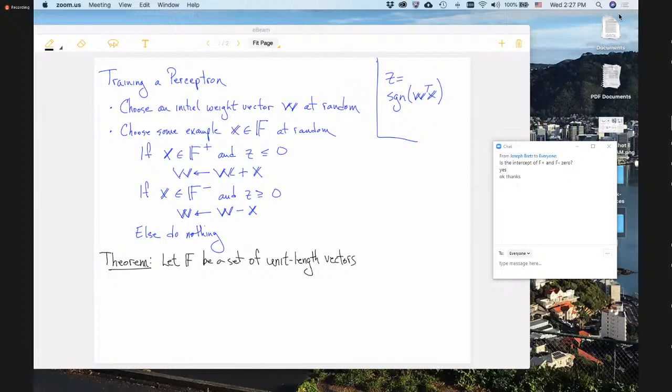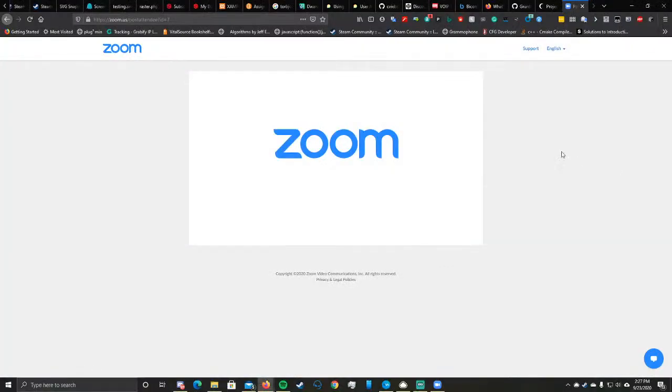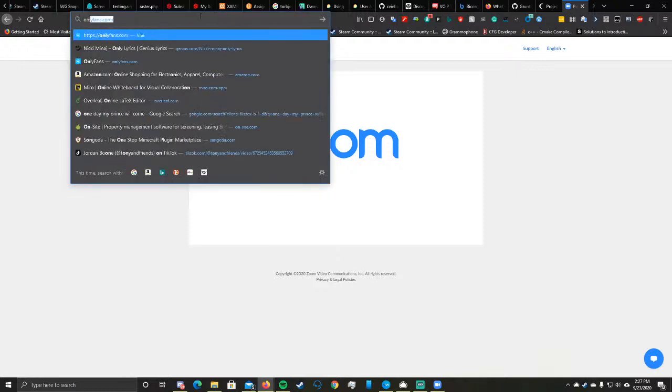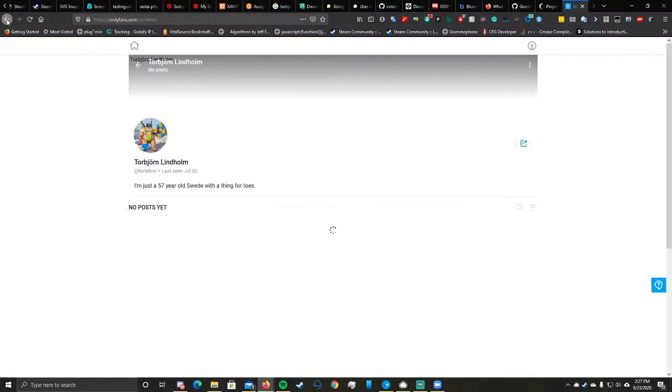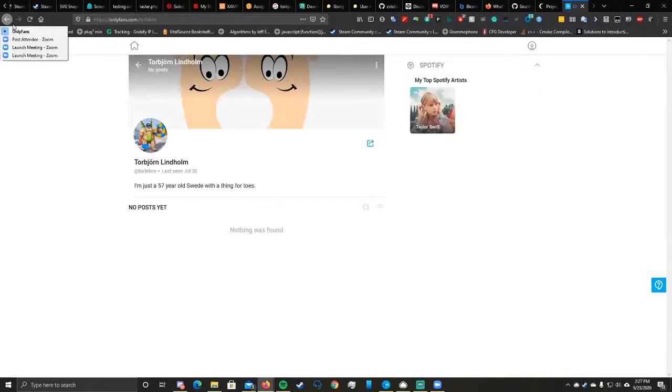I'm going to pause for a second because on the surface, this might seem to be a limiting factor, except you can take any vector and normalize it just by dividing by the length of the vector. So in fact, this does not limit the power of the perceptron by itself in any way. What it does is make the math for proving the theorem much more convenient.